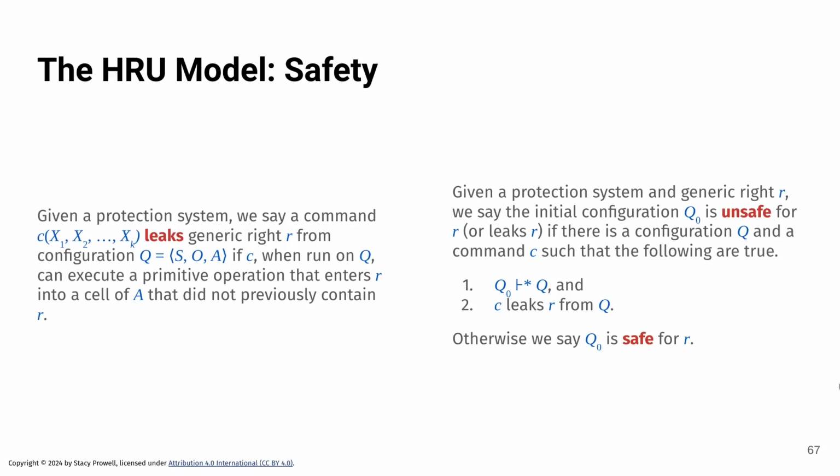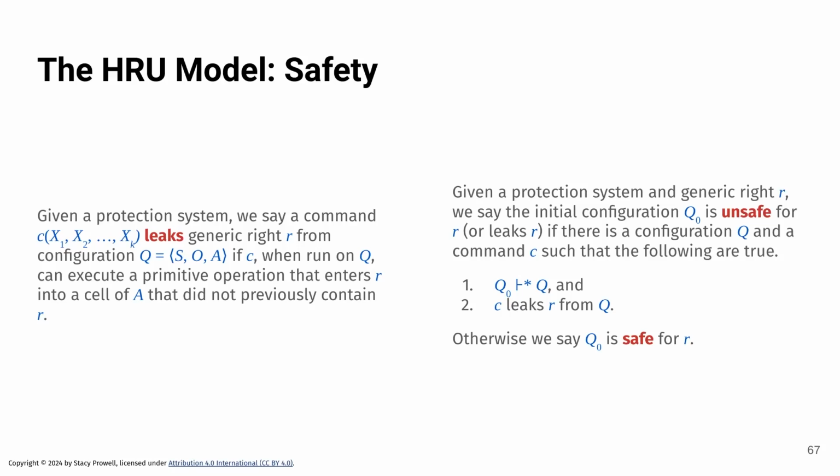Now, we start to formalize some of the notions that we'll need later. Given a protection system and the command C, we say that command leaks the right R from a given configuration if, when I run that command on that configuration, it puts the right R into a cell of A that did not previously contain it.